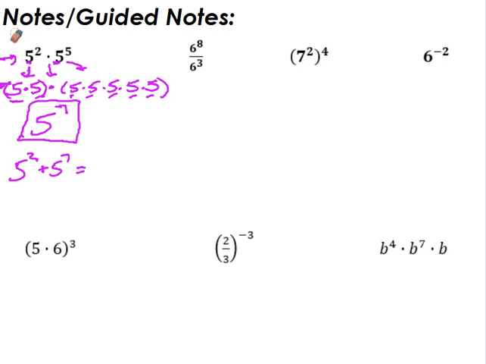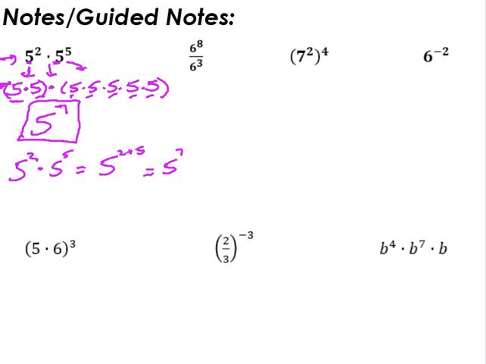That should be a multiplication sign. So whenever we're multiplying two numbers with the same base, all we're doing is adding their exponents. And I even wrote the answer here, so it should have been a 5. So that equals 5 to the 7th power. That's really all we're doing. You don't have to expand it out every time, but when in doubt, you could always expand it to see what's happening.